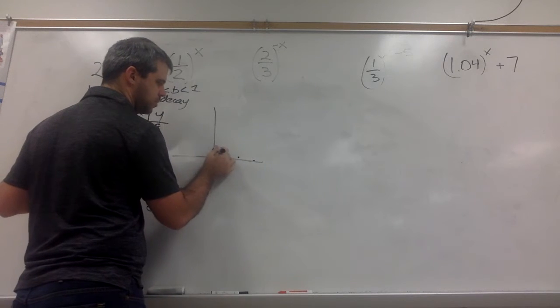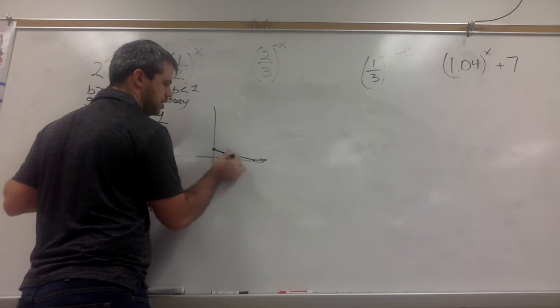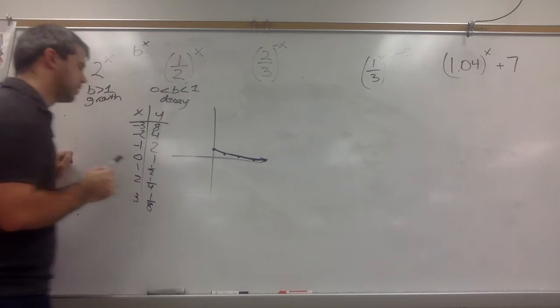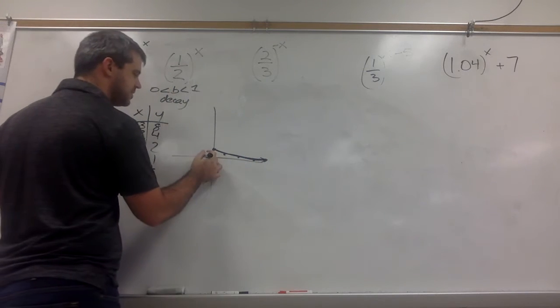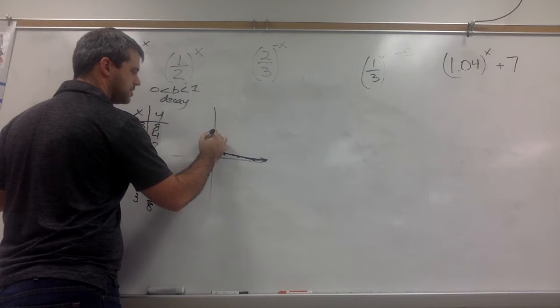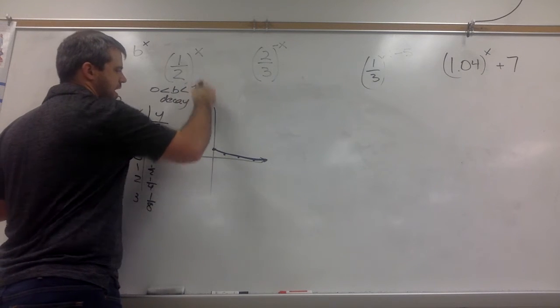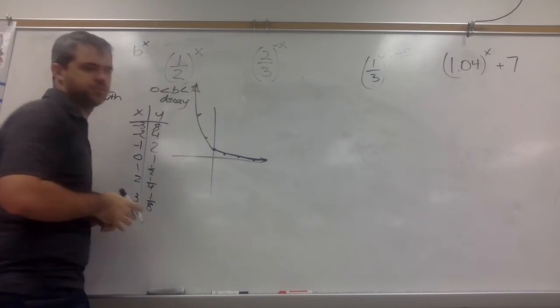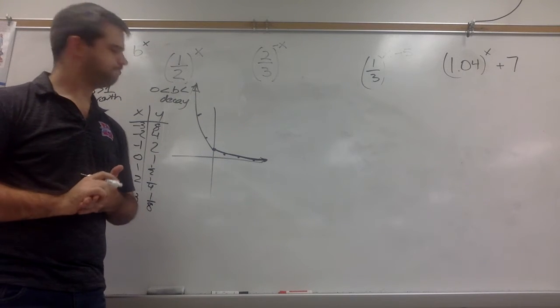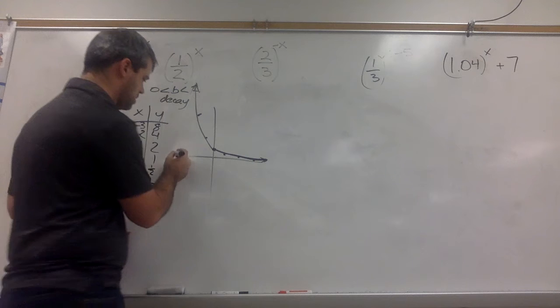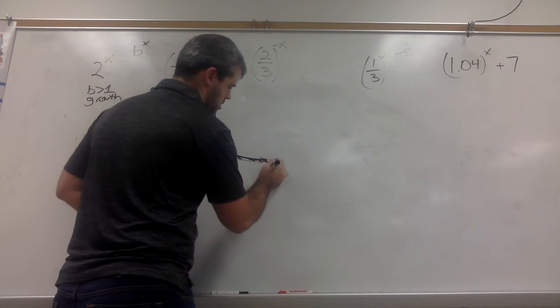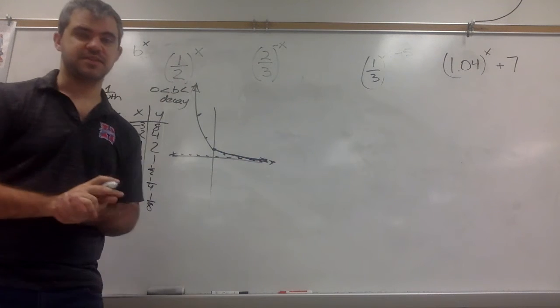We're going to get closer and closer to 0 over here. And then on this side, we're going to start taking off: -1, 2, -2, 4, -3, 8. And this guy's going to explode upward. Right? But again, we have this asymptote right here.